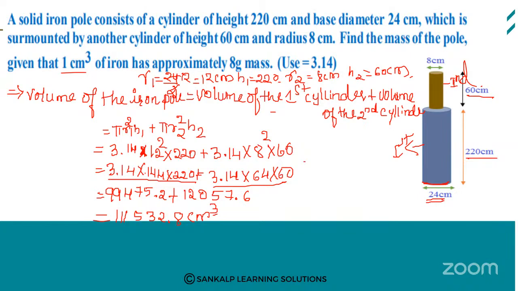Now what they have asked: find the mass of the pole given that 1 centimeter cube of iron has approximately 8 gram mass. So mass of the pole we need to find out.